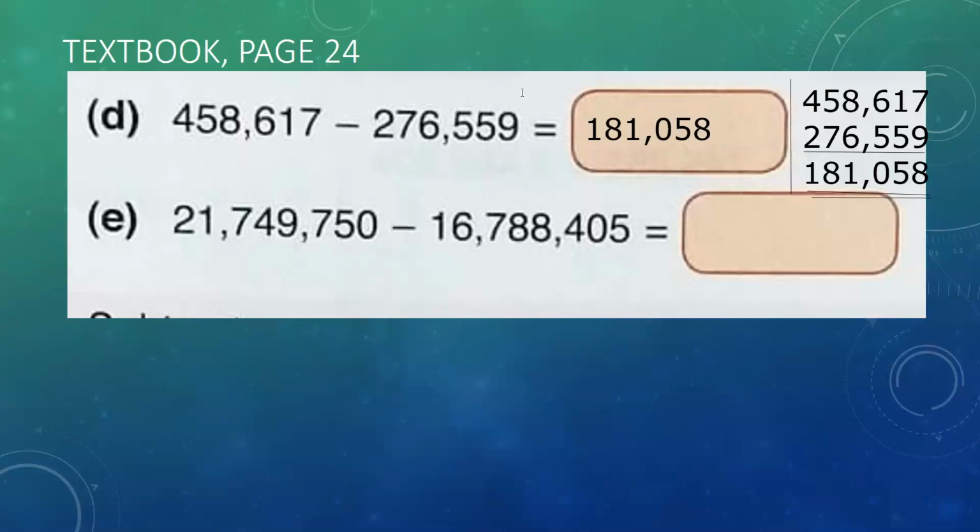So this is wrong. You have to go slowly but surely. Wait, let me see why I am wrong. 17 minus 9 is 8. This one becomes 10, 5, correct. Teacher, look at the one here. Wait, I'm looking.